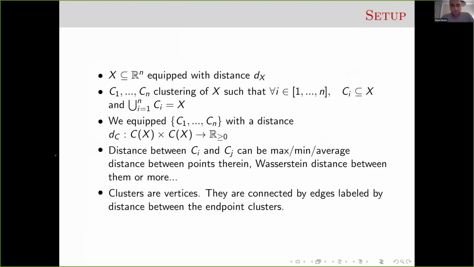So what we want to do is to put on top of the clusters some extra metric information. So in this case, we are taking our clusters and we want to define a distance between clusters, for instance, by taking the maximum, minimum, average distance between points in the 2 clusters, maybe Wasserstein distance between them, so that we get a distance between every pair of clusters.